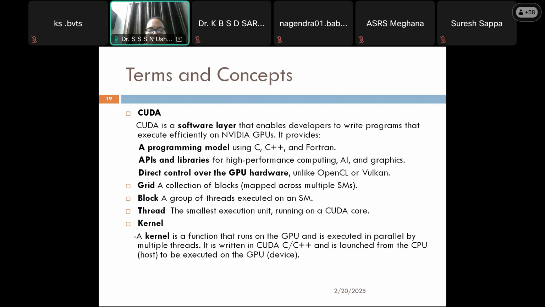What should run in parallel will be kept in the kernel. For example, we have seen Pragma previously. Within Pragma, we kept the code to run in parallel. Similarly here, within this kernel function, we need to keep the code. And here we can opt for either C or C++. Throughout the program, we need to maintain one language.